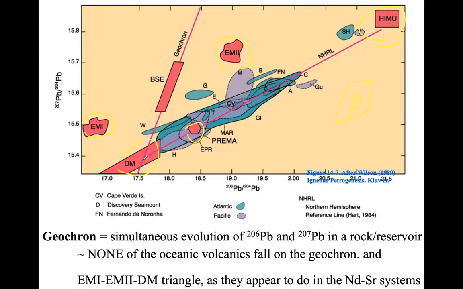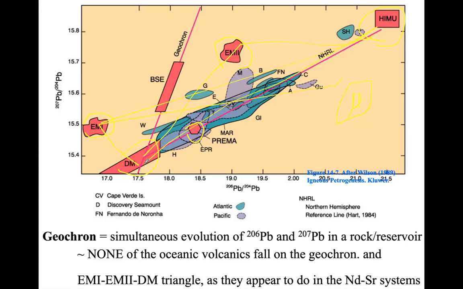So, most of the global samples can be explained by these three end member compositions. In lead isotopes, it's very clear: depleted mantle, enriched mantle, and high mu, right? Some triangular plots can be generated and explain their mixing behaviors.